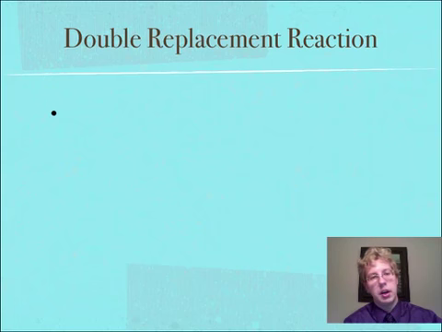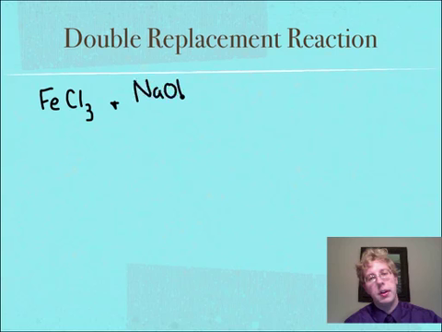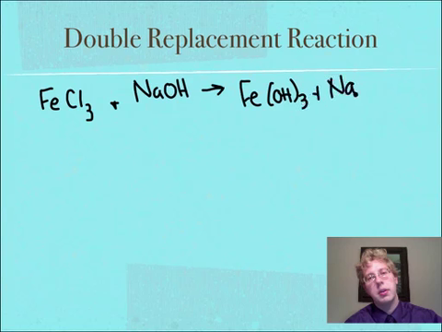If we look at our examples here of a double replacement, and I do FeCl3 plus NaOH forms Fe(OH)3 plus NaCl.